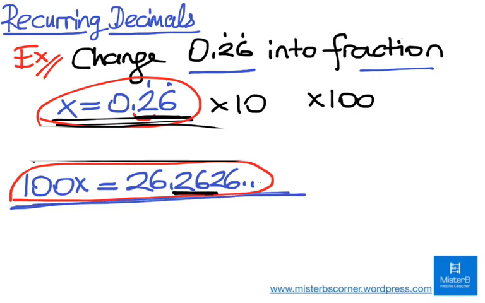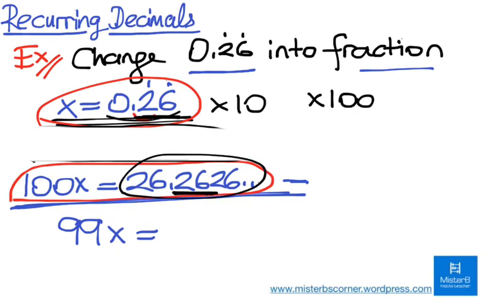If I do a subtraction, if I take away, then 100x minus x will be 99x, whereas 26.2626 recurring minus 0.26 recurring. Although there are infinitely many digits, I can take this number away from this, cancelling out the decimal part.